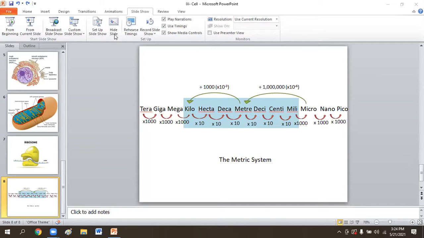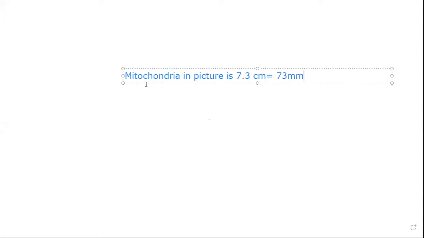The mitochondria in the picture is 7.3 centimeter, equals 73 millimeter. That is your answer A.